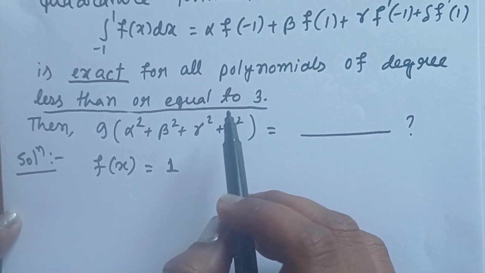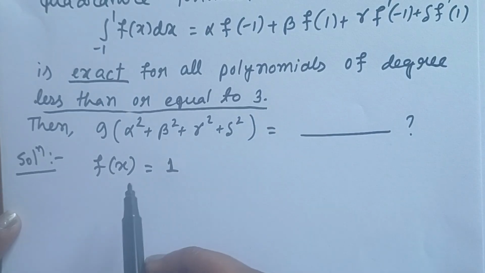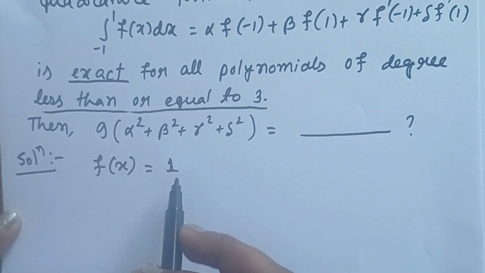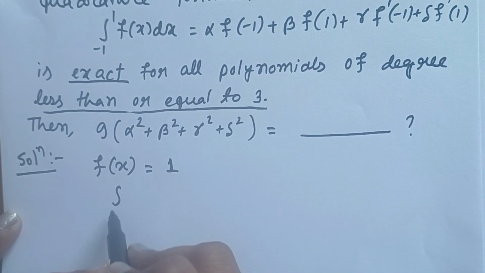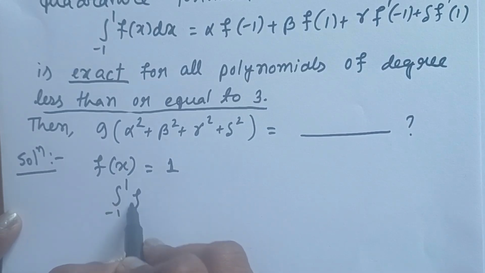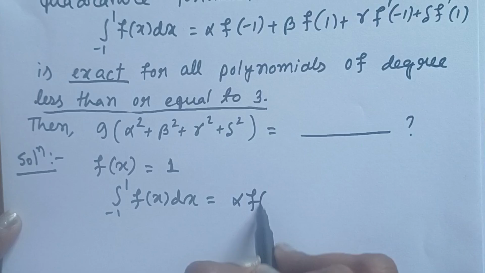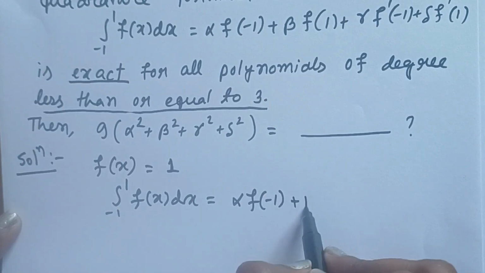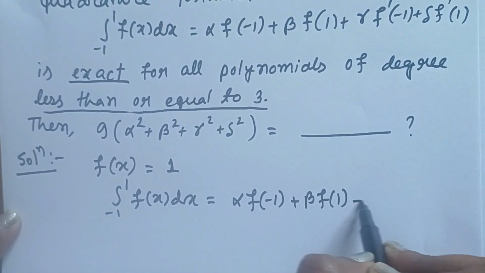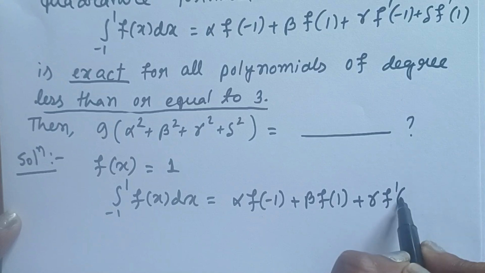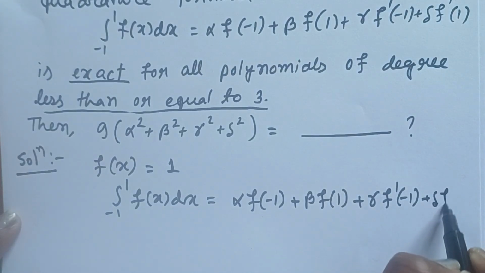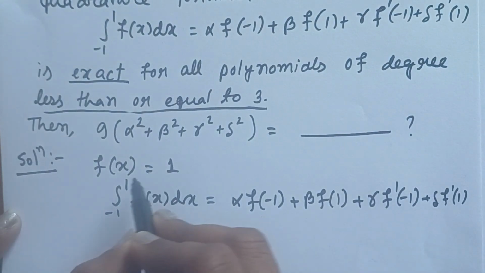Using the quadrature formula we can write integration -1 to 1 f(x) dx equals alpha f(-1) plus beta f(1) plus gamma f'(-1) plus delta f'(1). This is the given quadrature formula.